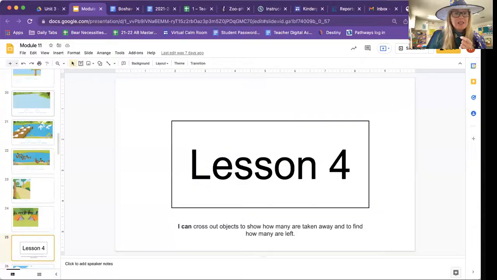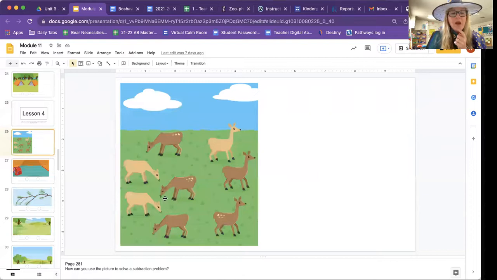All right, let's go. Page 281, that's a 2, and then an 8, and then a 1. And look at those deer. Oh, so much fun to go see deer. How can you use the picture to solve a subtraction problem? Well, there's a bunch of deer, right?